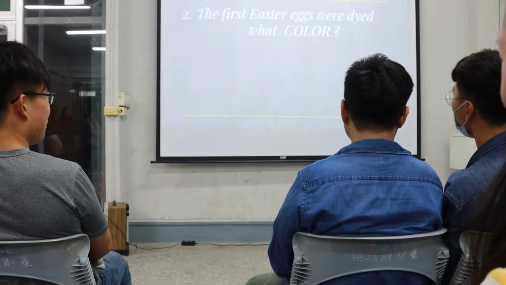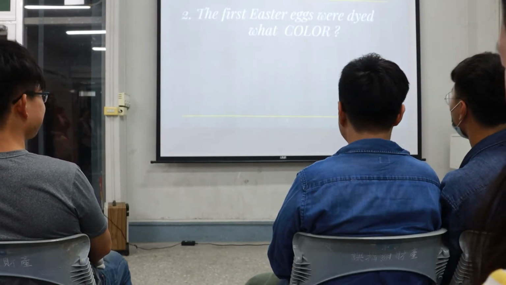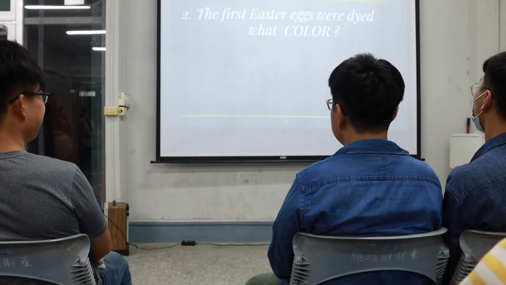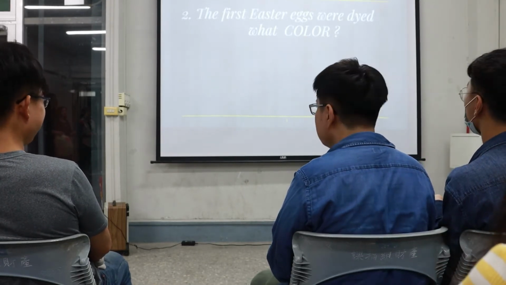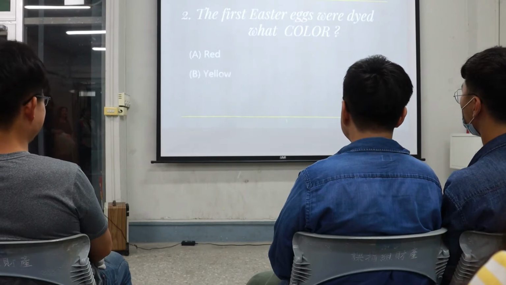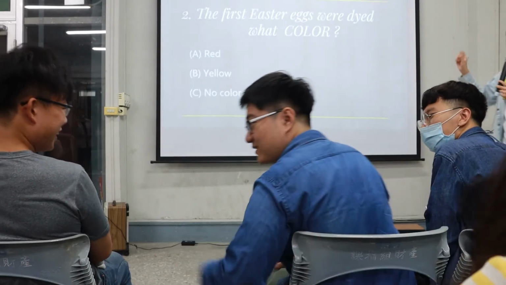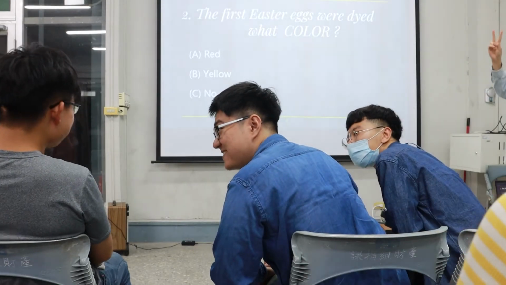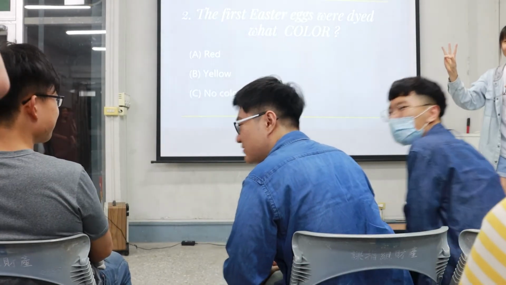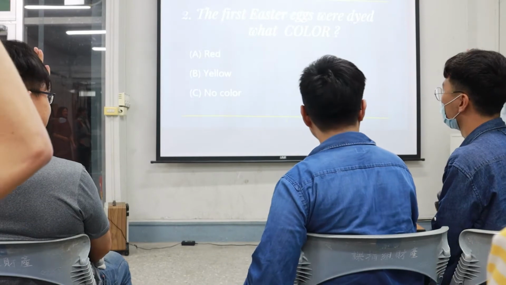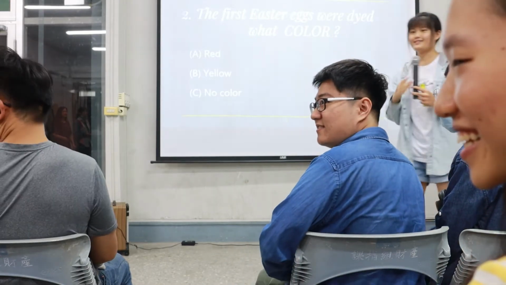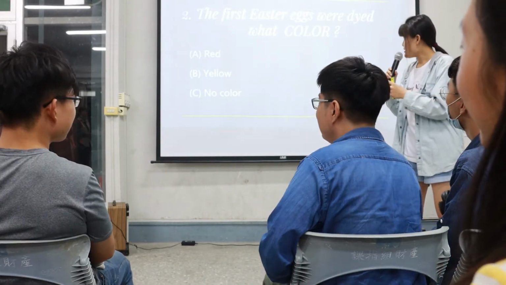Yeah. So first Easter eggs were dyed what color? A. Red. B. Yellow. C. No color. 1, 2, 3. Orange is first. I don't know, but B, I think. B. Yellow.